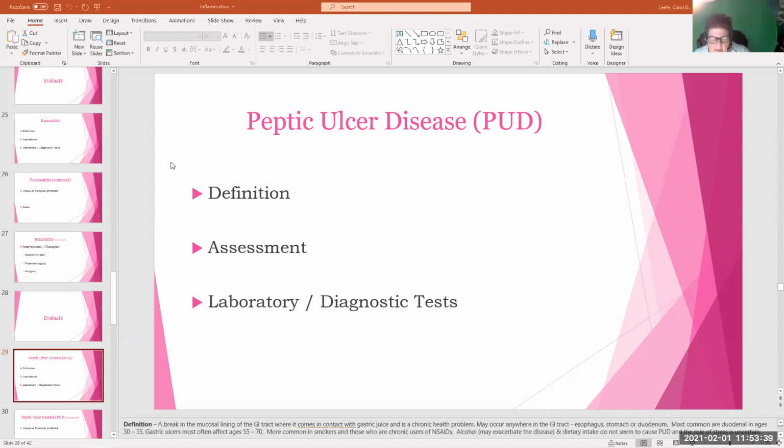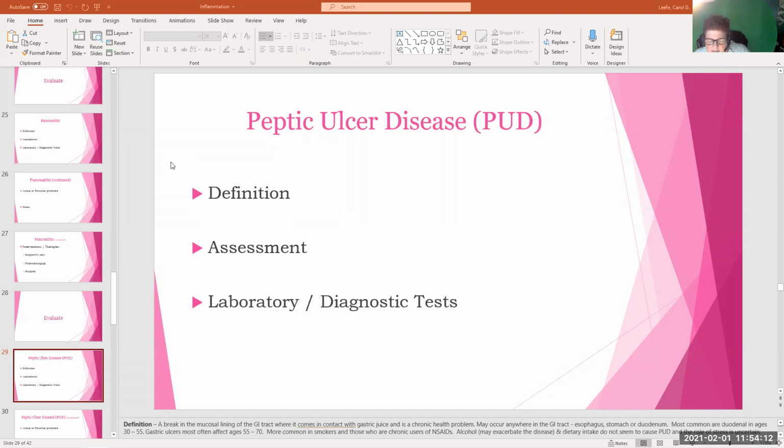So again, complications, the peritonitis, the hemorrhage, you're going to monitor CBCs, the basic metabolic profile. If they cultured those ulcers, they're going to look to see if the Helicobacter comes back, the Helicobacter pylori, so that they can treat them with antibiotics.